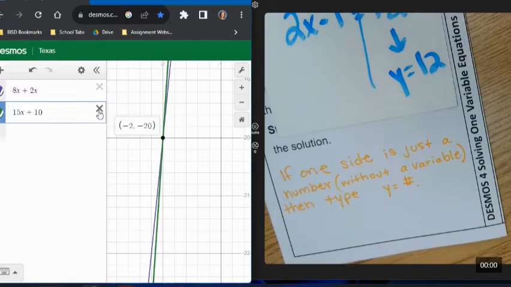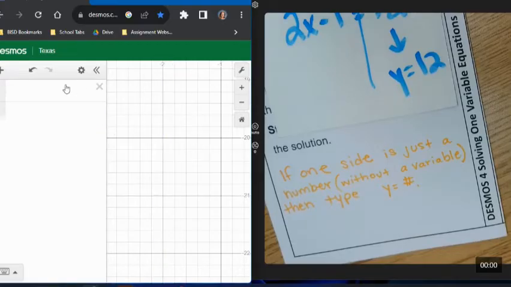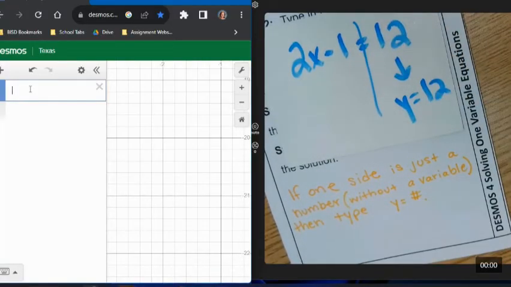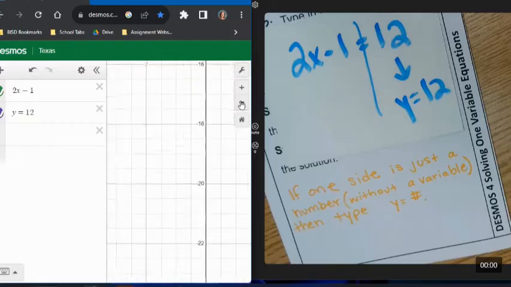So I'm going to go back over Desmos and close these. You can just push the arrow, and I'm going to go ahead and do this example. So we have 2x minus 1. And the other one I have to put y equals 12. I can't see anything, so I have to drag. Let's see.